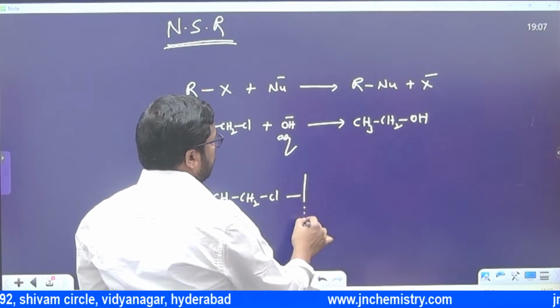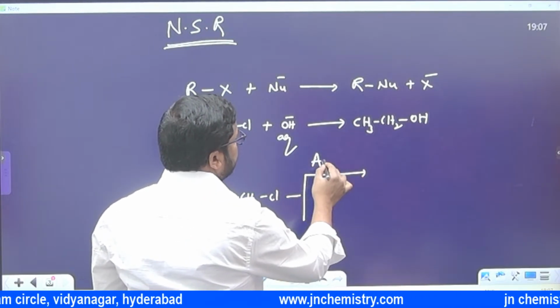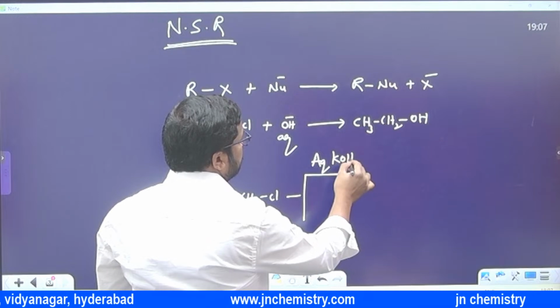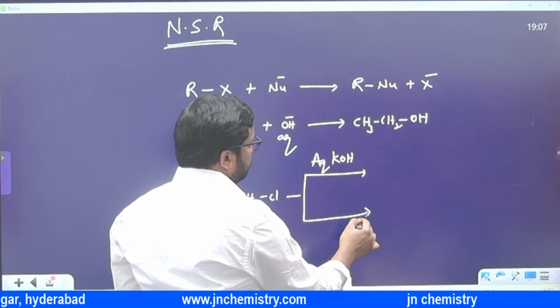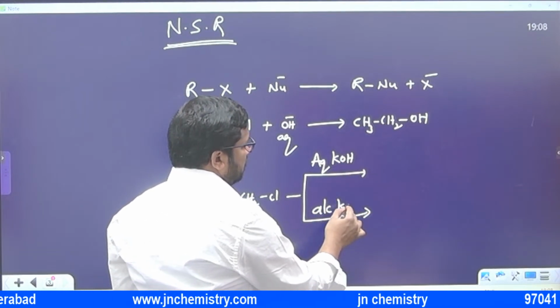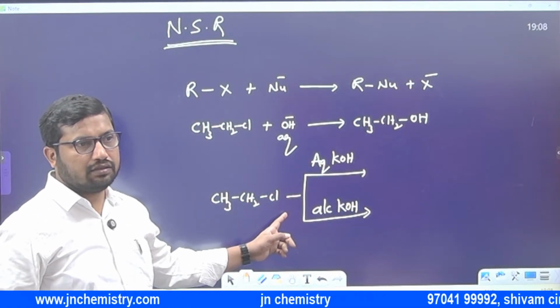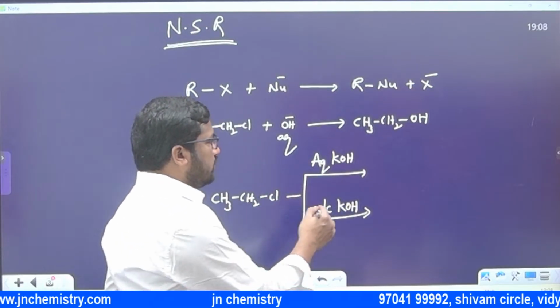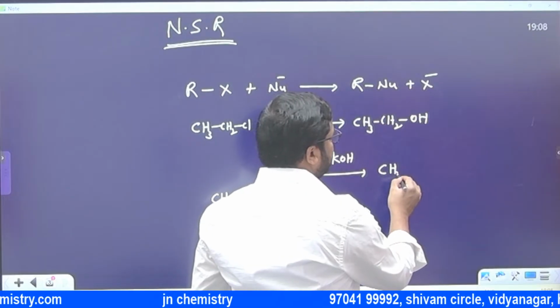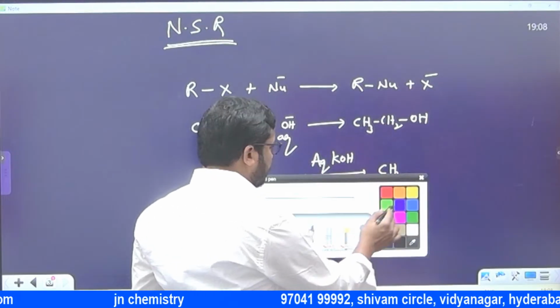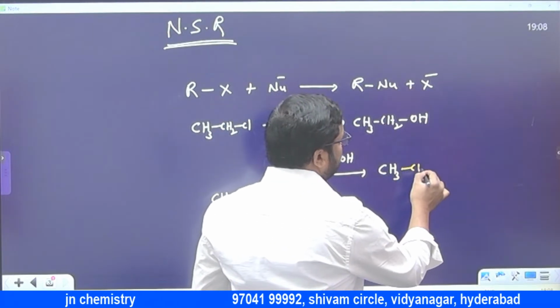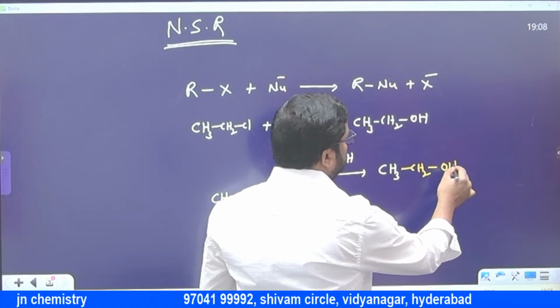Once again, this reaction we'll discuss in alkenes also. CH3CH2Cl: if we use aqueous KOH and alcoholic KOH, in aqueous the solvent is water, here the solvent is alcohol. With aqueous KOH, nucleophilic substitution takes place giving CH3CH2OH.